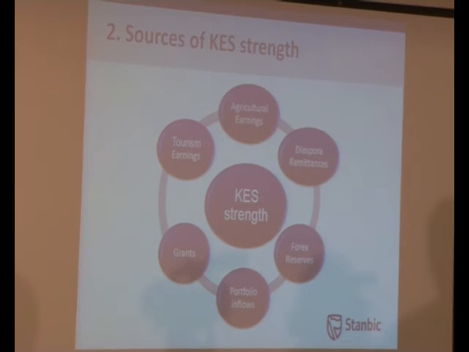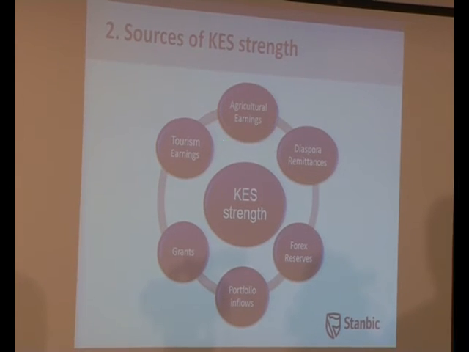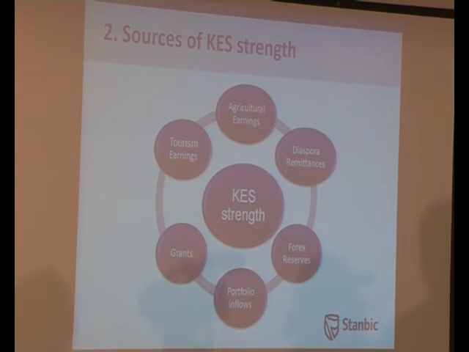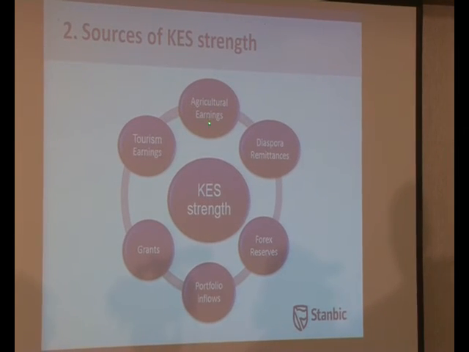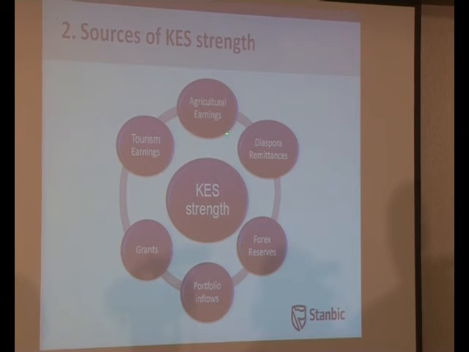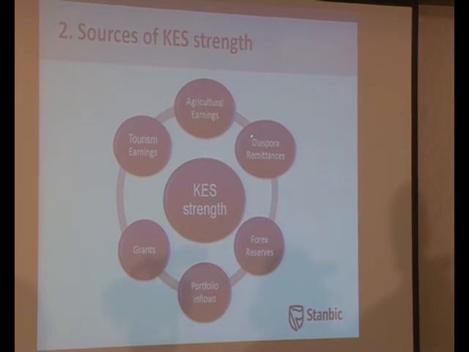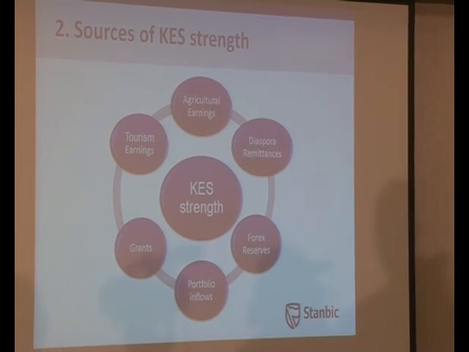Now traditionally, if you look at the Kenyan economy, these have tended to be the sources of strength for the Kenyan shilling. Obviously these are agricultural earnings, the inflows that we have historically from tea and coffee and so on. We have the remittances from the diaspora, so Kenyans living abroad who are sending money back, and the flows of those have been increasing steadily over time. We have the forex reserves which the central bank has been building over time.